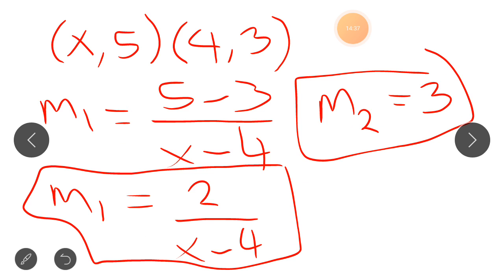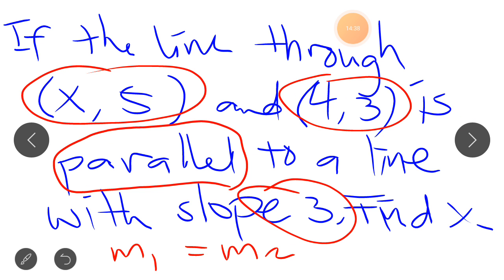Okay. Again, if you see a problem like this, if the line through x, 5 and 4, 3 is parallel to a line with slope 3, just find the keywords. The keyword here is parallel, so we have to use m sub 1 equals m sub 2.